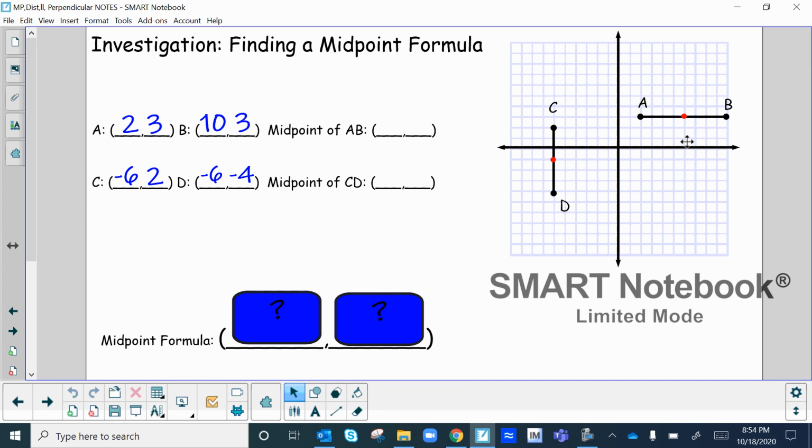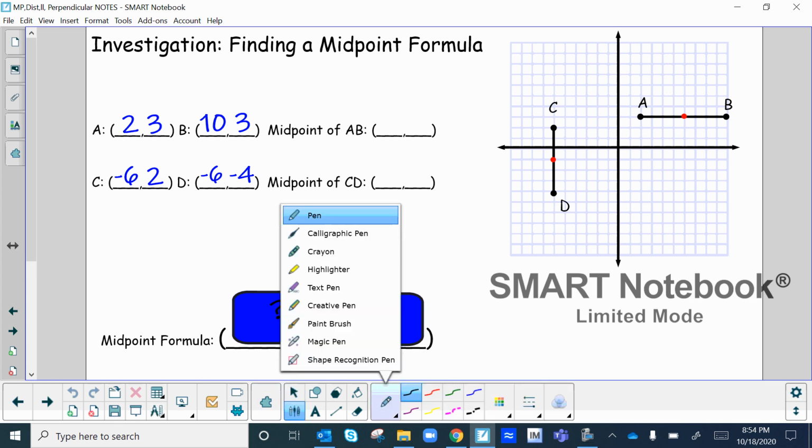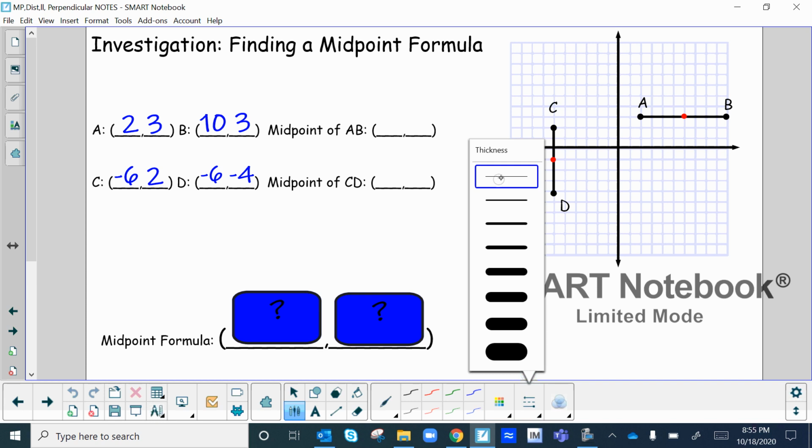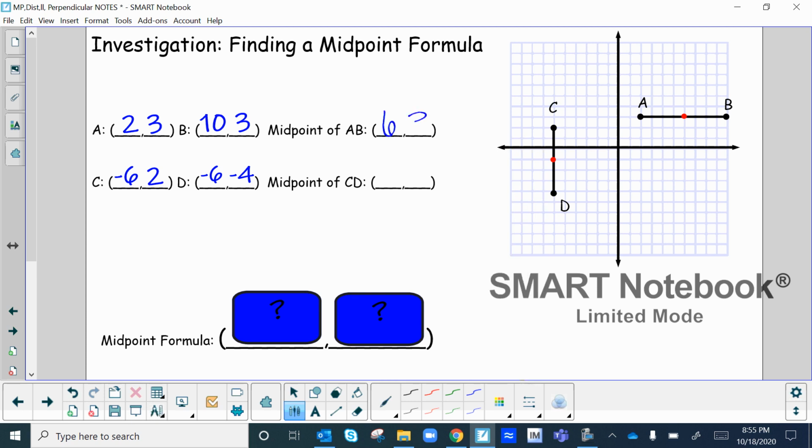And so the midpoint is going to be, get my pen, 1, 2, 3, 4, 5, 6, 3. And we'll look into the actual coordinate and see how the formula arrives from that.